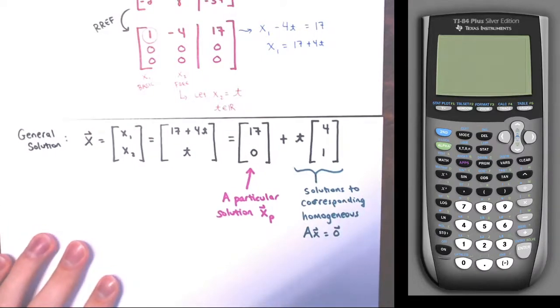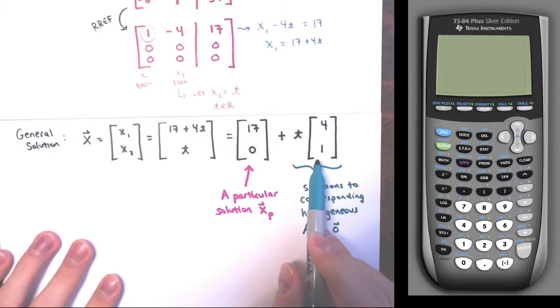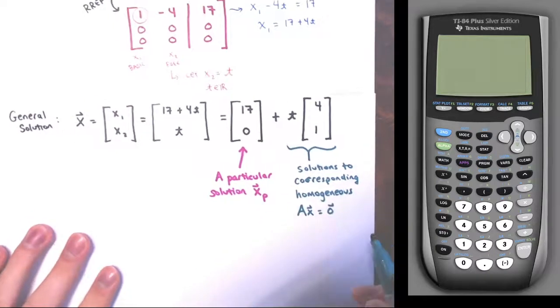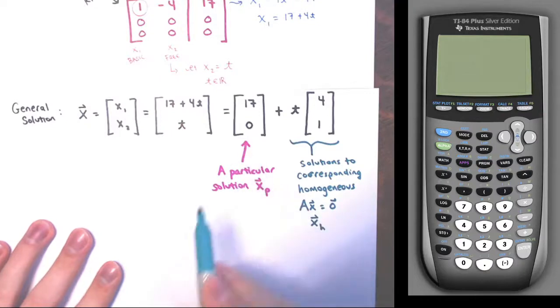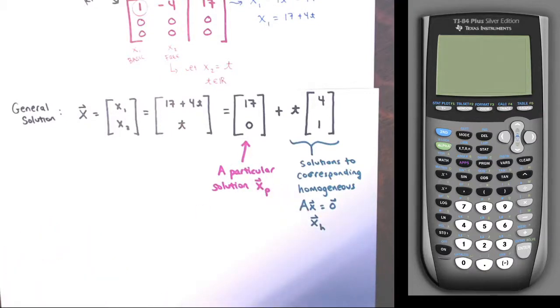That means these make up the null space. In an earlier video, this was represented by the vector x sub h for homogeneous, and this was x sub p for particular. But these solutions to the homogeneous system, this is the null space of A.